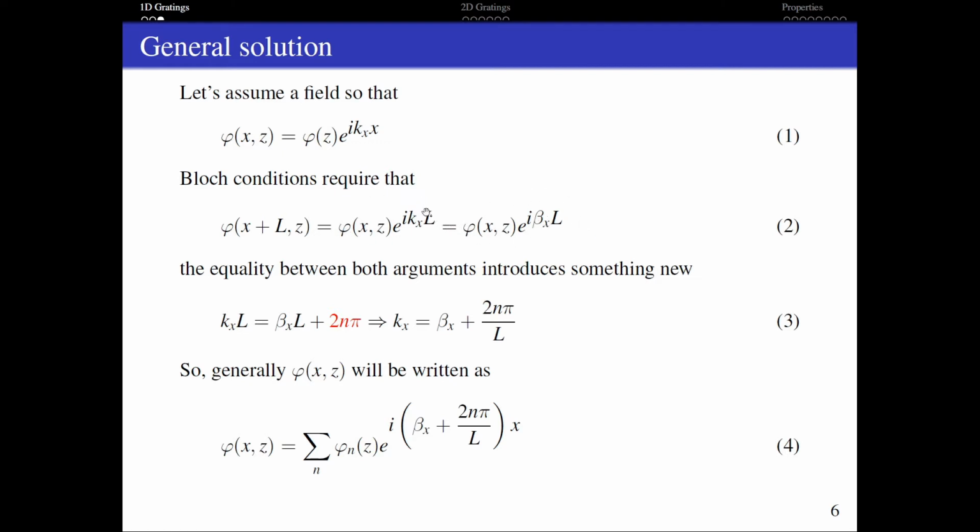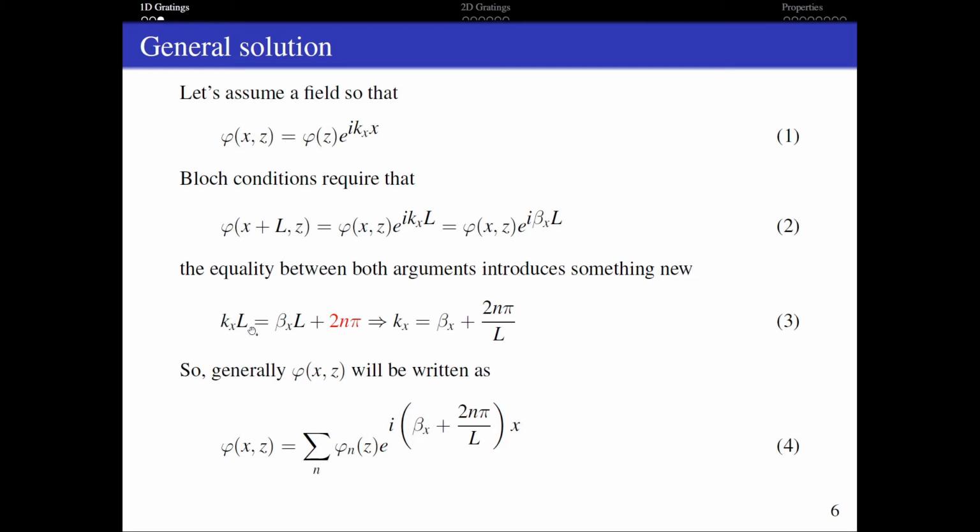Now, we have the equality between the exponentials, but that doesn't mean we have the equality between the terms inside, because of the problem of the rotation around the complex circle. That means those two terms are equal up to a certain number of 2 pi rotations.